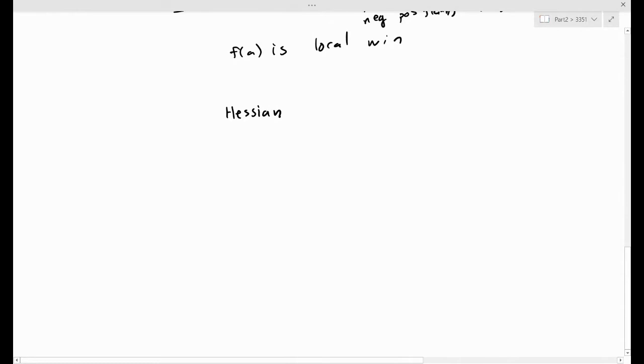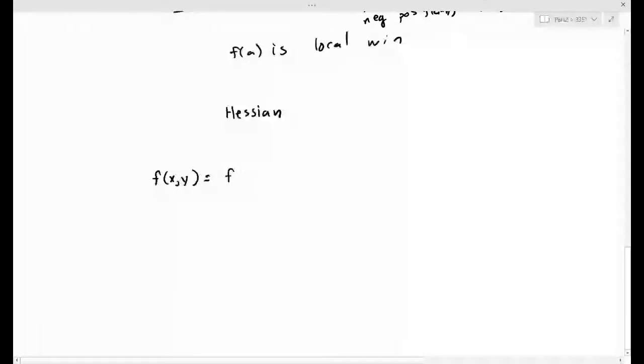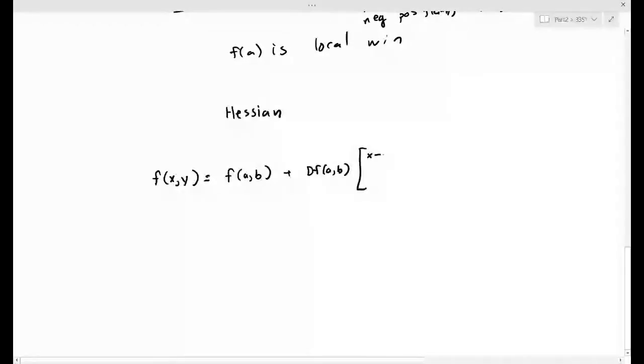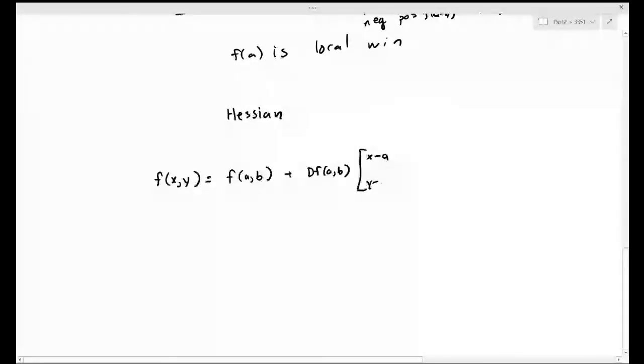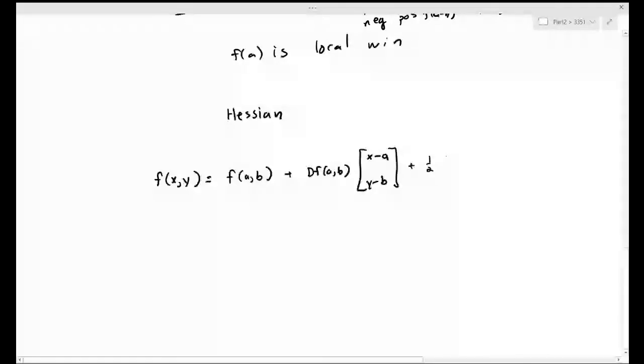Okay. And so, for example, let's see, for a function of two variables, here you would have h as the displacement from the point (a, b), and then you would have your second derivative.